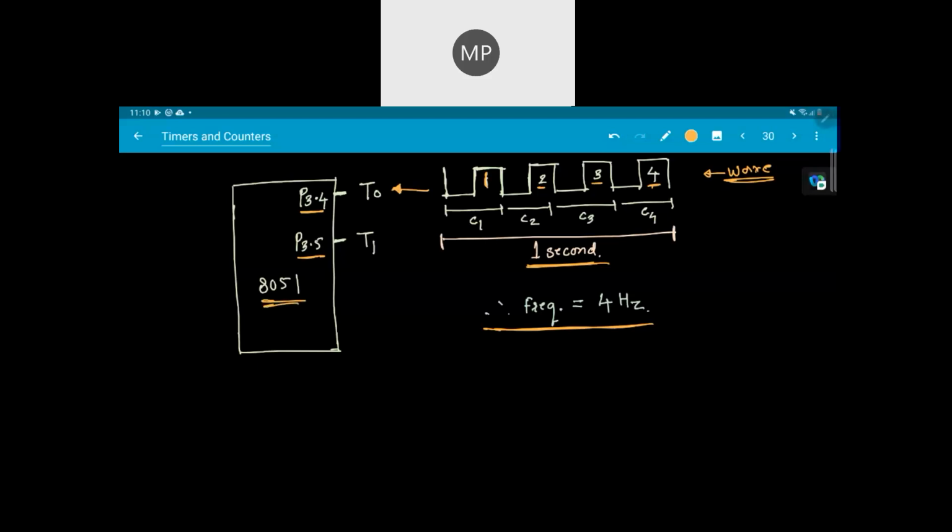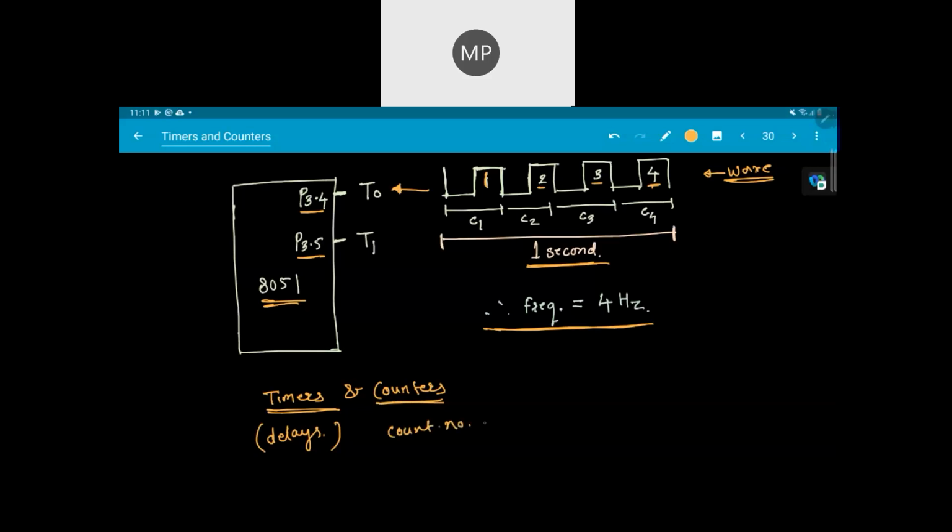Now as we know, we have timers and counters in 8051. What timers are and how they can be used, that we have seen. Timers are used to generate delays of variable time based on our need, whereas counters, as the name itself says, are used to count. But what is to be counted?